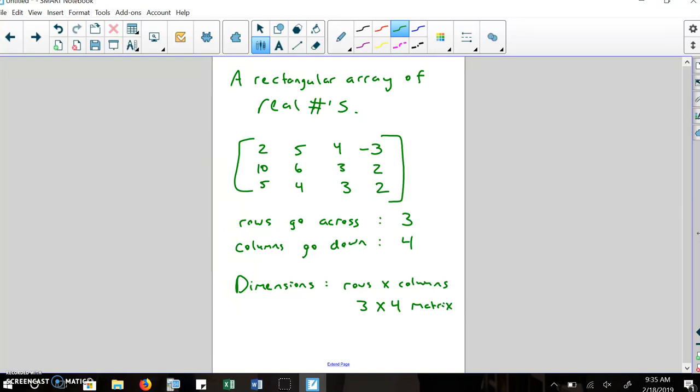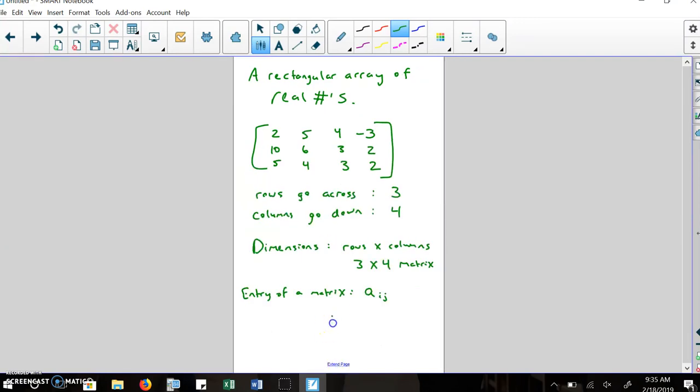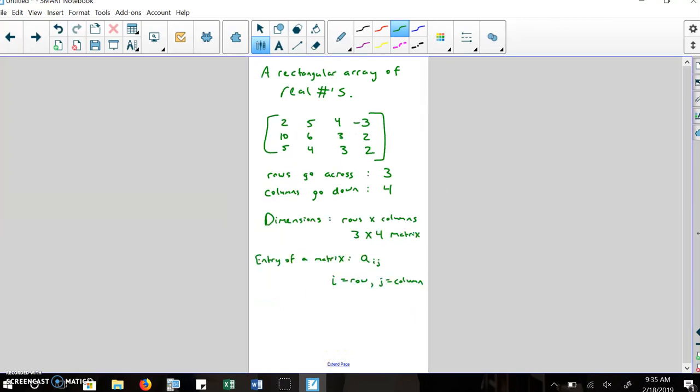Okay. Last little thing here, when you are defining an entry of a matrix, the way that we write this is A sub I J, where I denotes the row and J denotes the column. So for example, if I was wondering on this one, what is A sub 3, 2?